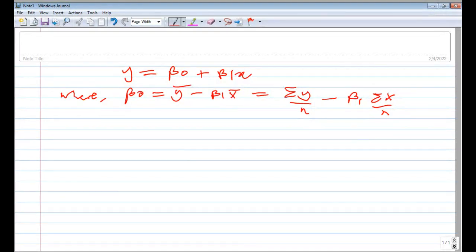But in this case, because now we are dealing with the zero-sum method, this part equals 0 because it's a zero sum. So the sum of x is equal to 0.